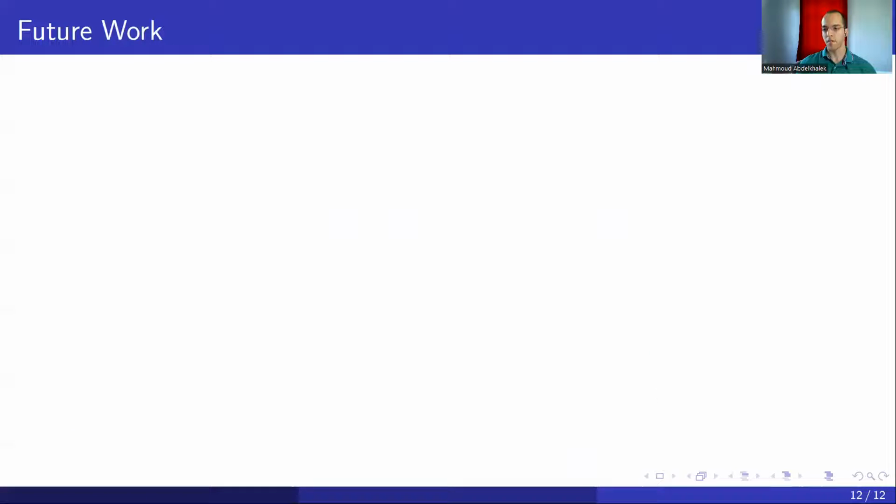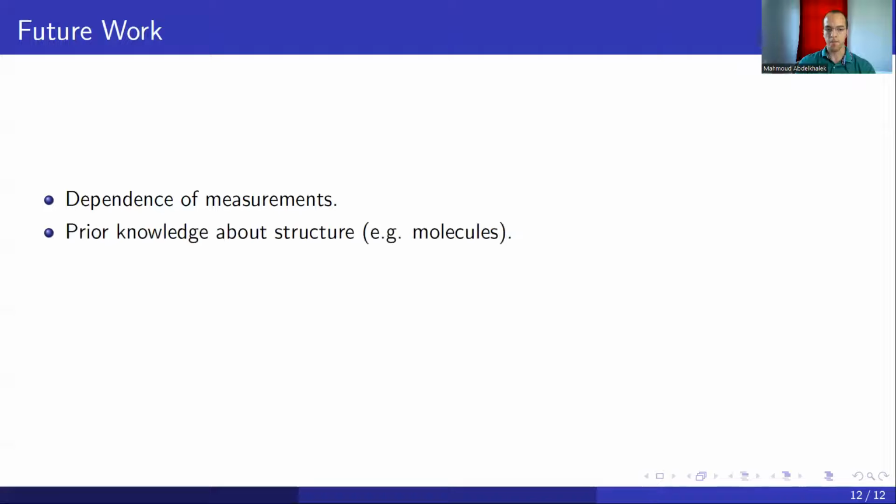Now I'll briefly describe some possible future research directions. One of them is that we assumed in our work that the measurements are independent. However, in practice, that may not be the case. After discussing this with some other authors in the DGP literature, we found that more often than not, the measurements are dependent.